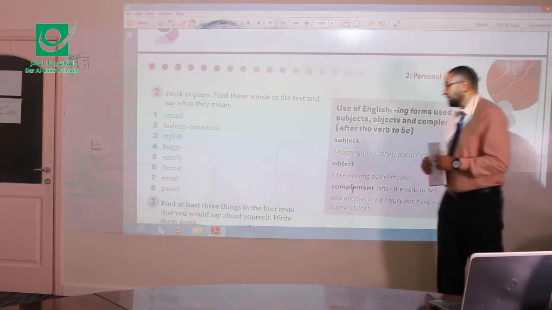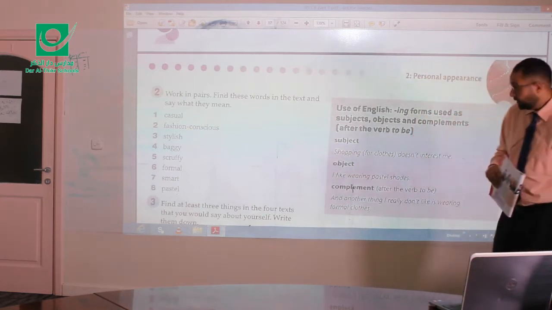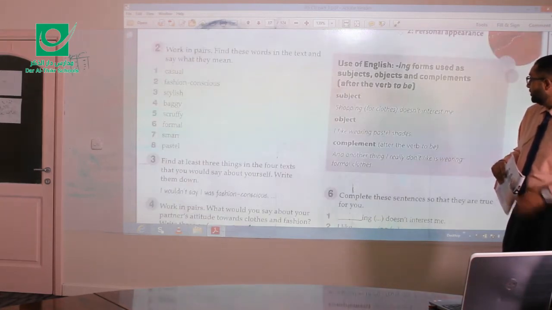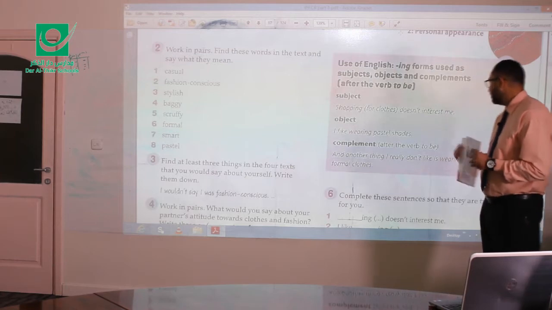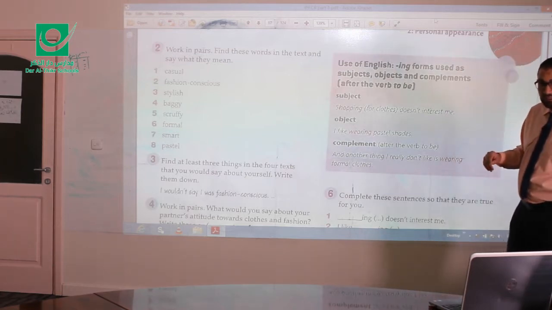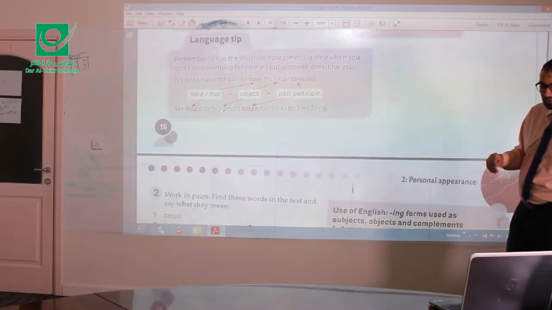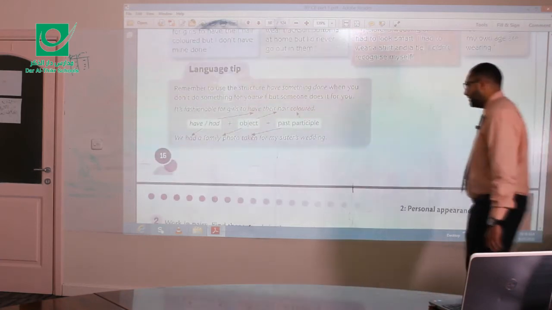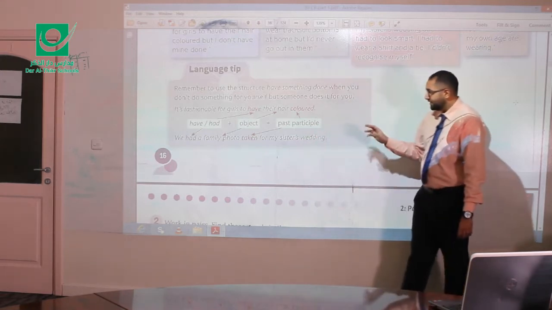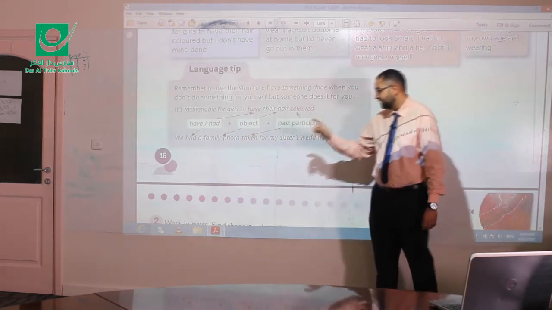That's great to know. Now, number 3 is a writing part. We don't need to get closer to it, but now the use of English is something we need to look at. But before that, we'll get back to the previous page. I want you to look at this language too. This is something very, very important to me. And as you can see, we have the example.